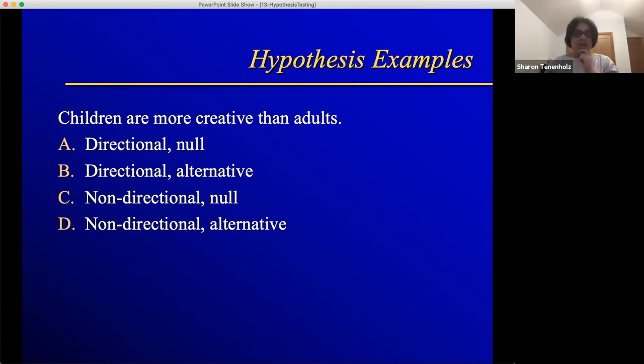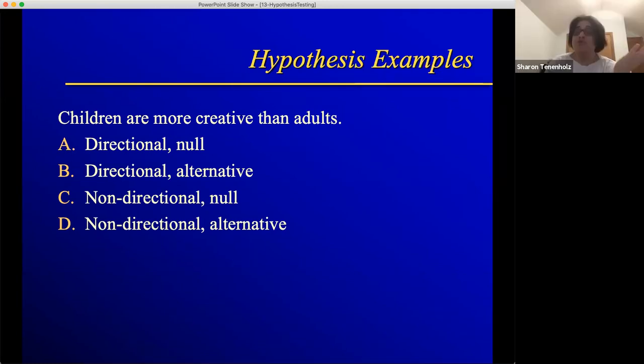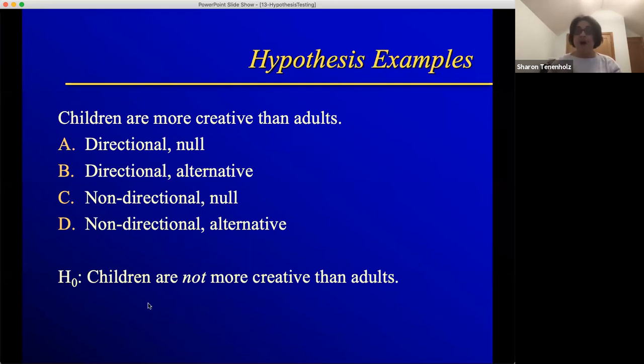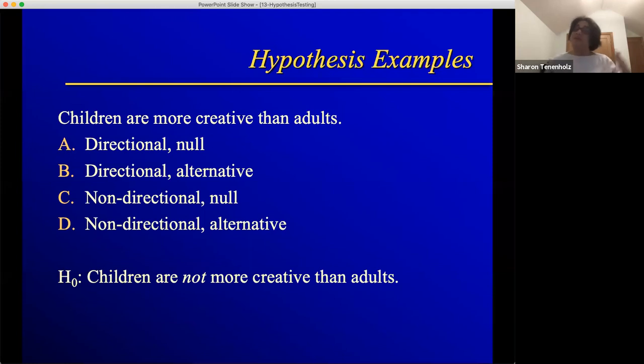So what would the null hypothesis be? Could you just say children are not as creative as adults? Children are not more creative than adults. That would be what we would want to say. Either they are more creative or they're not more creative.